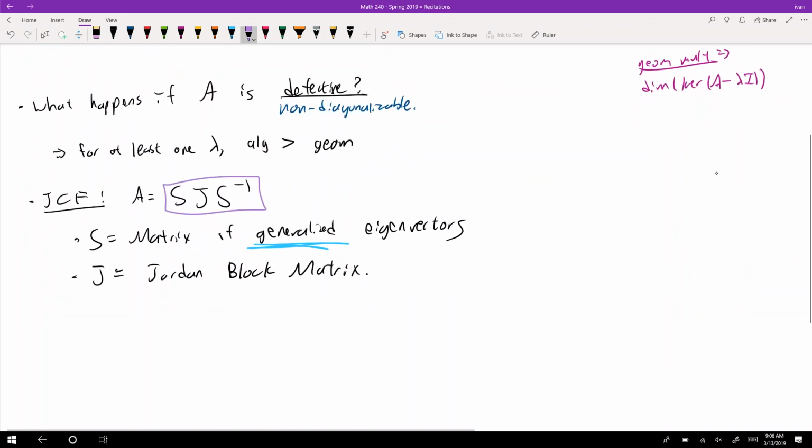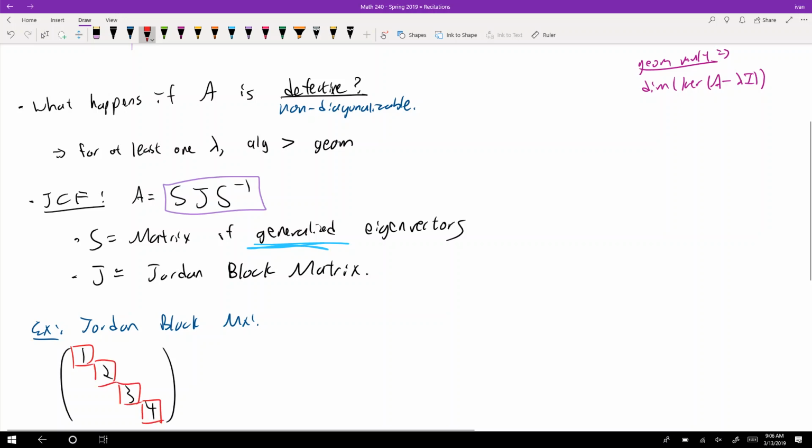Okay, so let's talk about what Jordan block matrices are. Let's take a look at some examples. I can have something like 1, 2, 3, 4 on the diagonal. This is a Jordan block matrix, because essentially we have four 1-by-1 blocks on the diagonal.